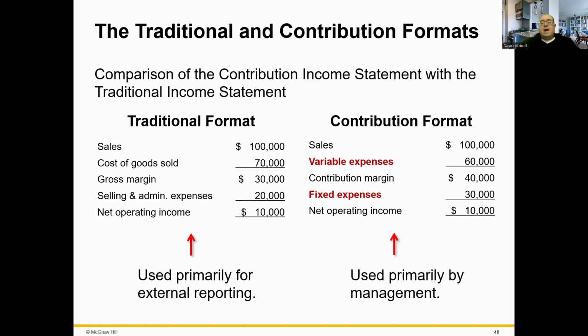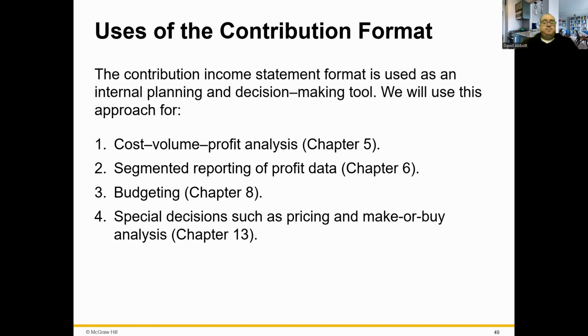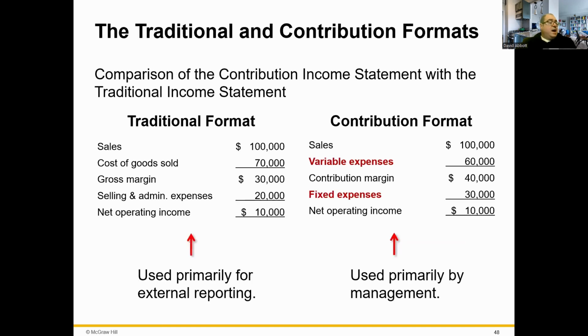You need both of them. You will see both of them and use both of them. But the contribution format is the one that as a manager you will pay more attention to. So again, the contribution approach separates costs into the fixed and variable components.